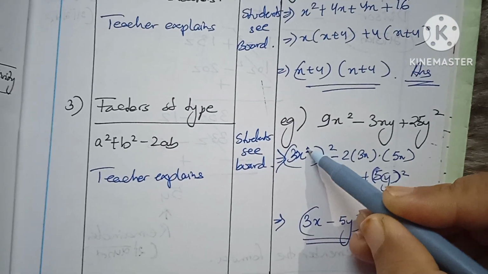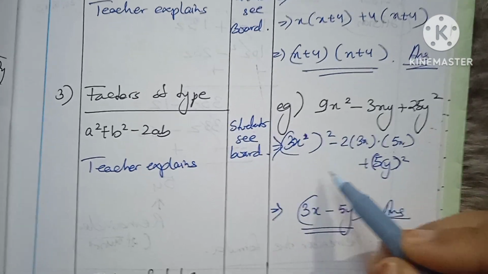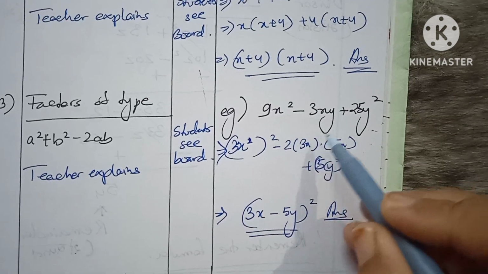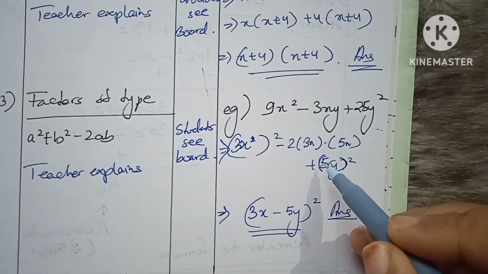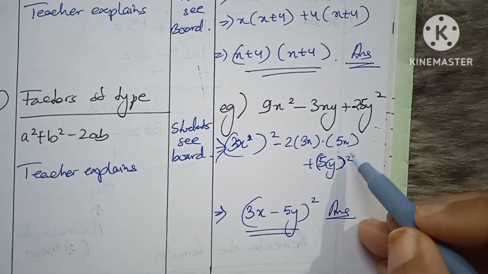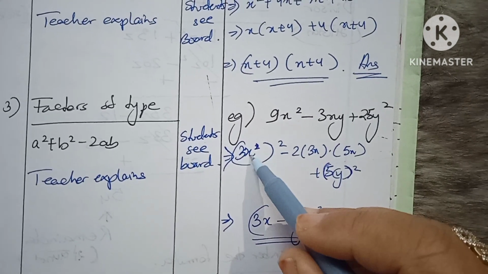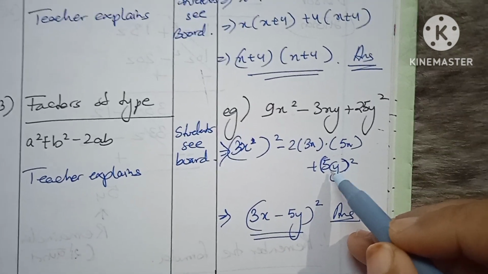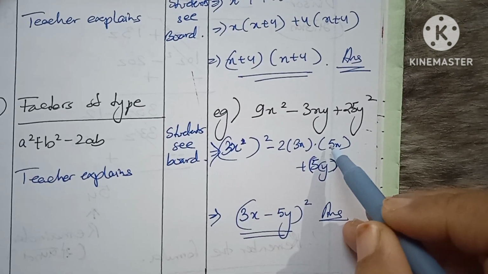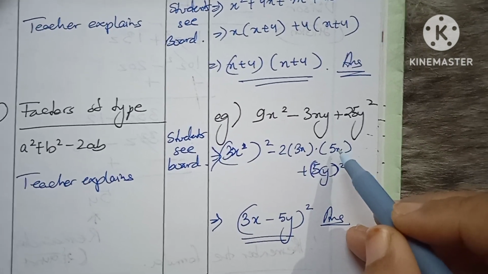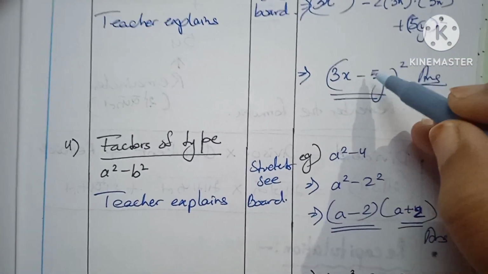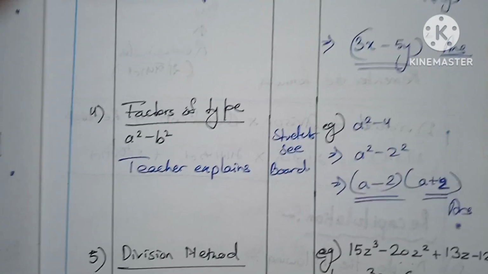And we can write 25y square as 5y whole square. So a is 3x and b is 5y, and 2ab is 2 into 3x into 5y. So now we get the solution as 3x minus 5y whole square.